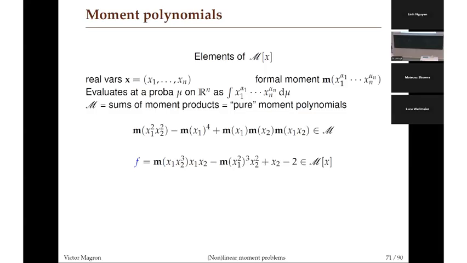Okay. What's maybe very confusing is that when you see this, you think there is a connection between this x1 and this x1. So yes and no. Here you are integrating the product x1, x2 to the 3 over the support of your measure.